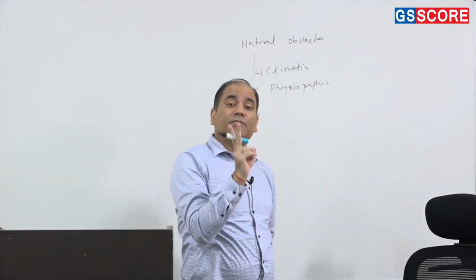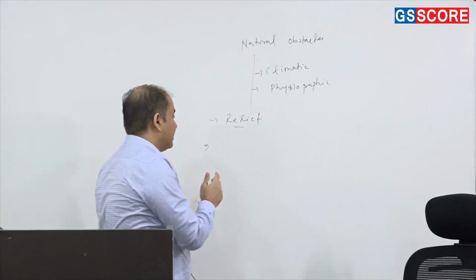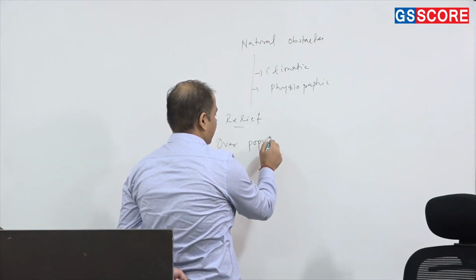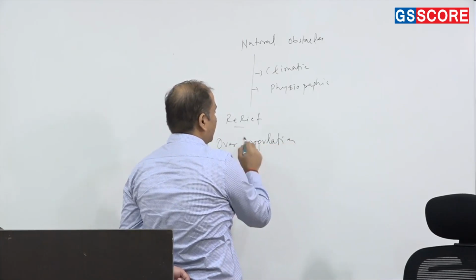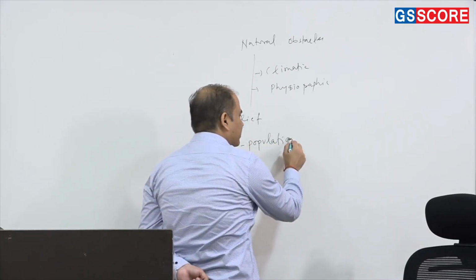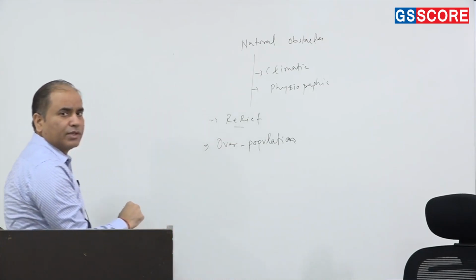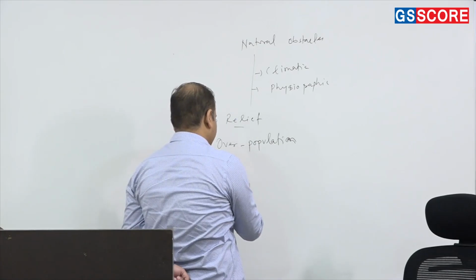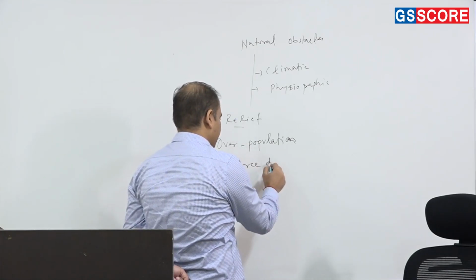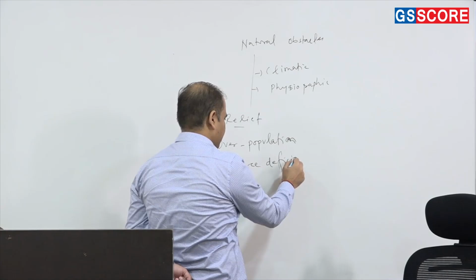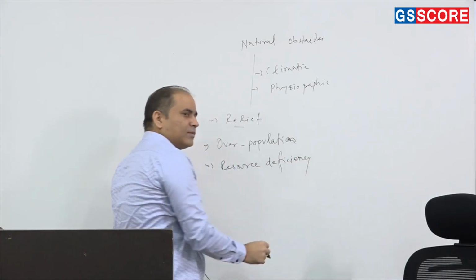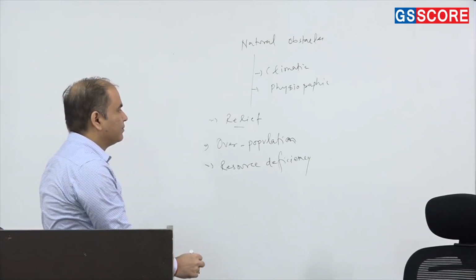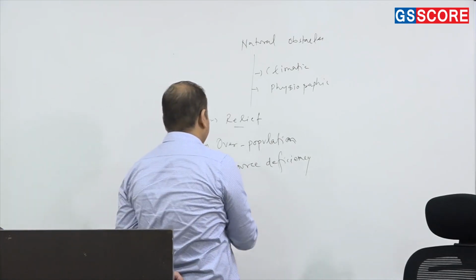And what is the main problem in country like India is overpopulation. Population is very high as compared to the resources. Sometimes resource deficiency. So, sometimes resource deficiency will play very important role in case of development.